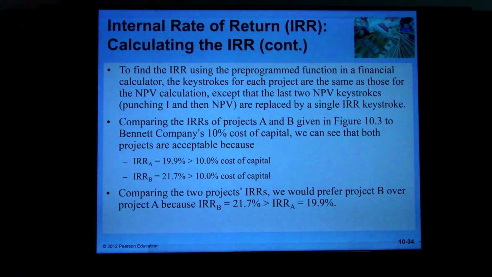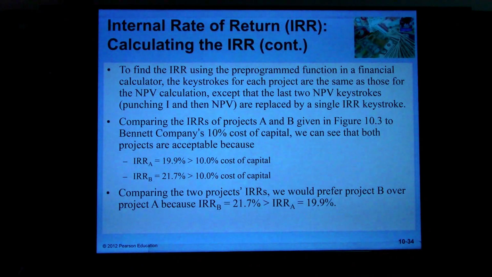Then we come to our decision criteria. Imagine that our cost of capital is 10%. The internal rate of return of project A is more than the 10% cost of capital, so we accept the project. The internal rate of return of B is more than 10%, so we accept the project.